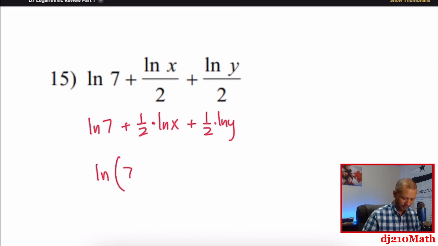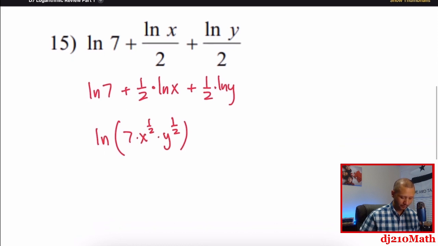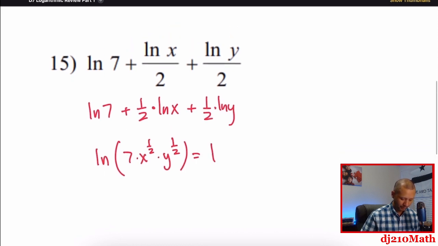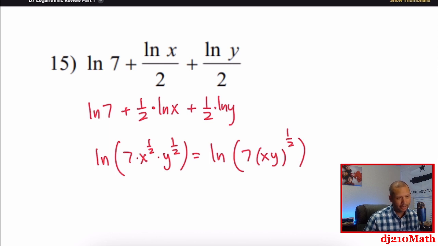7 x to the 1/2, y to the 1/2. You can probably already see where this is going. So this is going to be natural log of 7 xy to the 1/2. And now the 1/2 is just square root. So this is actually sufficient in my opinion.